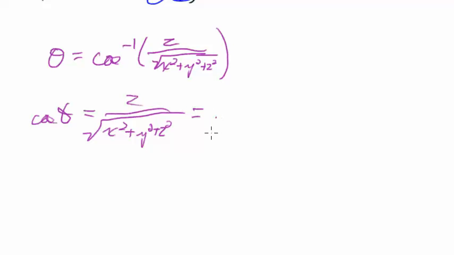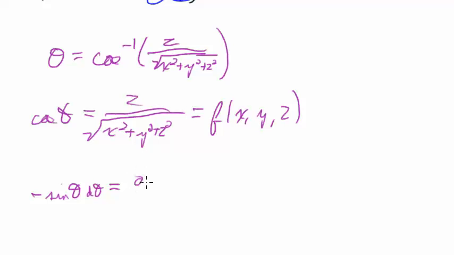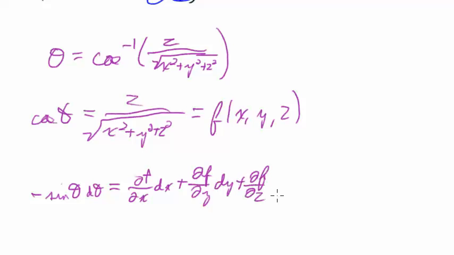Well, this would just be called f of x, y, z. So we'd have negative sine theta, do I want to say d theta here, equals del f del x dx plus del f del y dy plus del f del z dz.